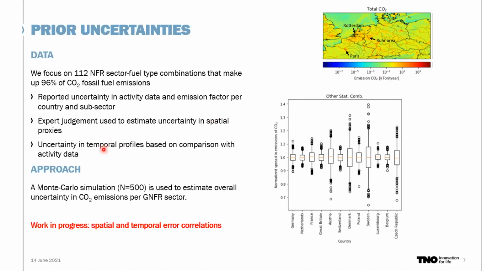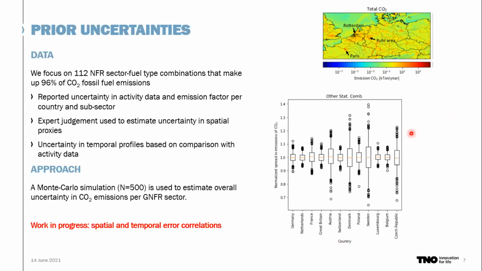We estimate the uncertainty in all of these underlying data for a total of 112 sector field type combinations. And we put that into a Monte Carlo simulation with 500 ensemble members to estimate the overall uncertainty for such an emission map. And here you see a first result.